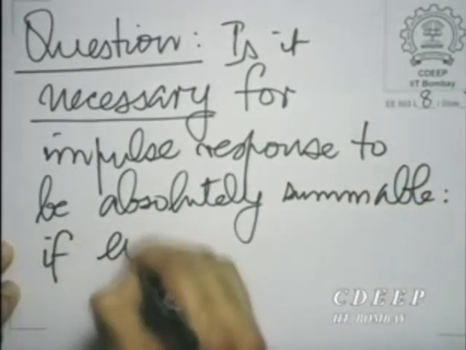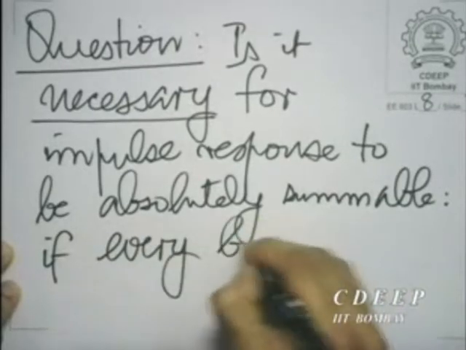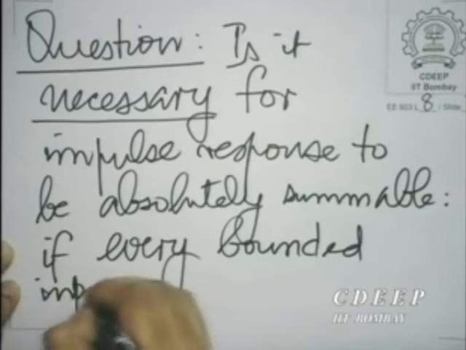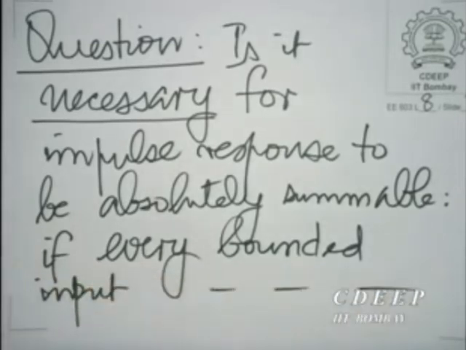If every bounded input produces a bounded output. Is that right? So you see, now we are asking the converse. We are saying, let the system produce a bounded output for every bounded input.